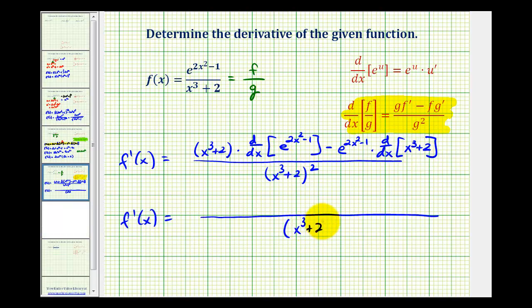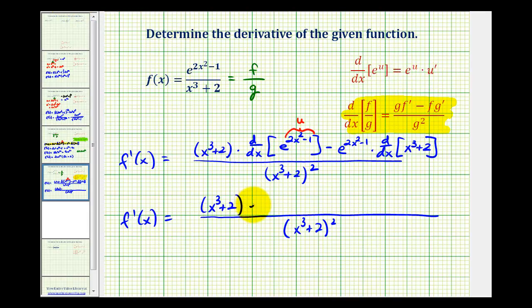The denominator is going to stay the same. Here we'll have the quantity x to the third plus 2 times the derivative of e to the power of 2x squared minus 1. This is going to require the chain rule. So u is going to be the exponent. So the derivative of e to the u is e to the u times u prime.